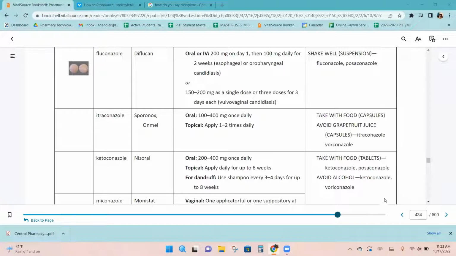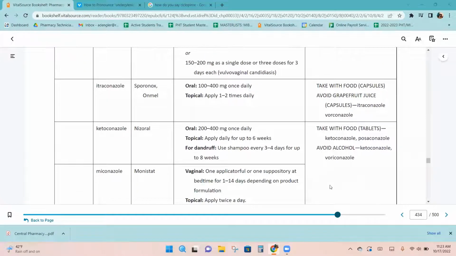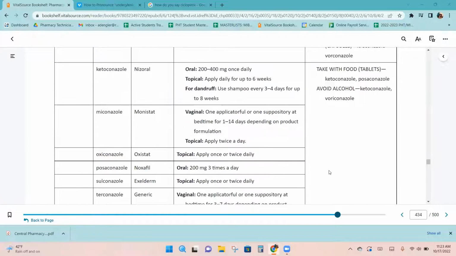For itraconazole and voriconazole, we should take with food and avoid grapefruit juice. Ketoconazole should be avoided with alcohol and it should be taken with food. Same with posaconazole, and voriconazole should also be taken without alcohol.